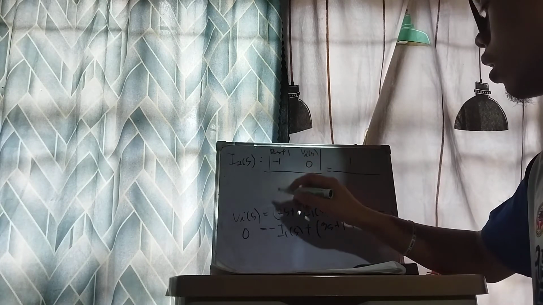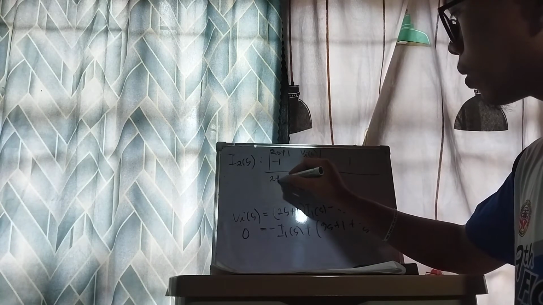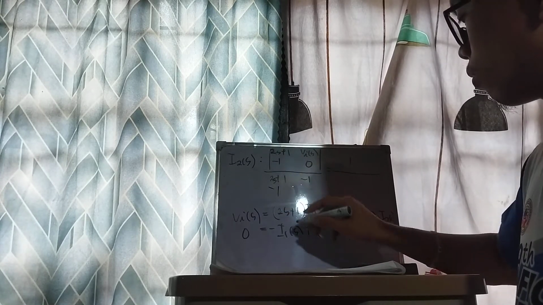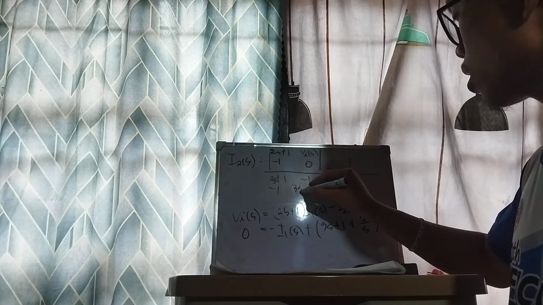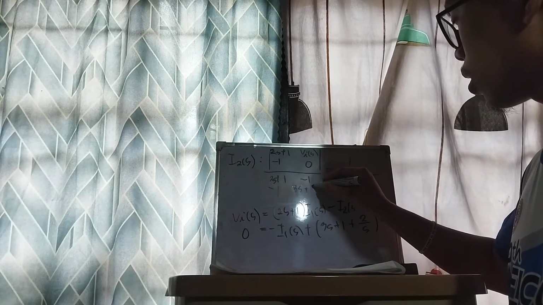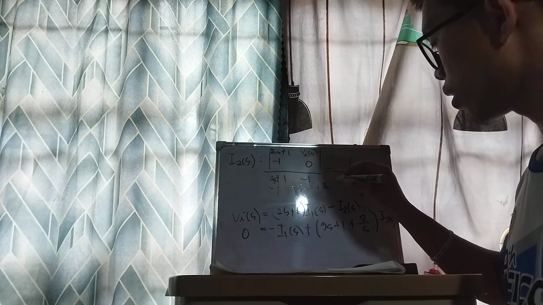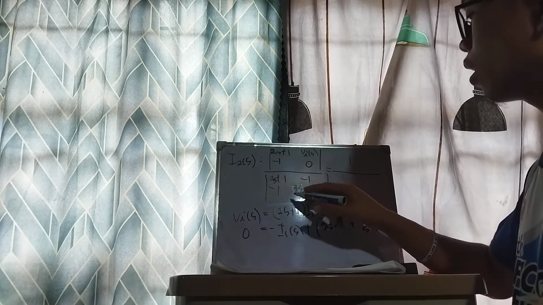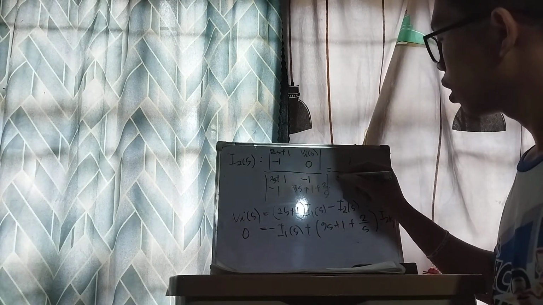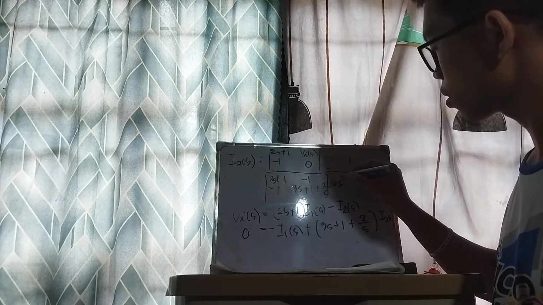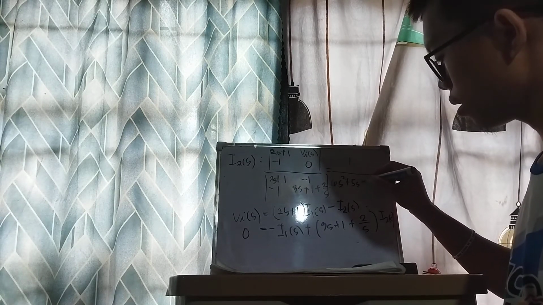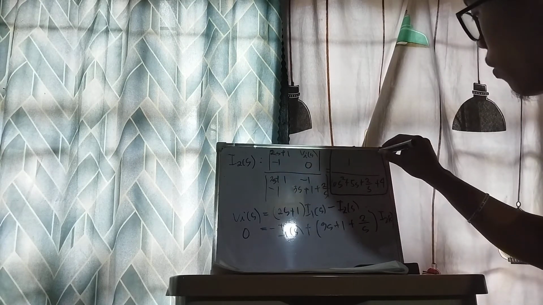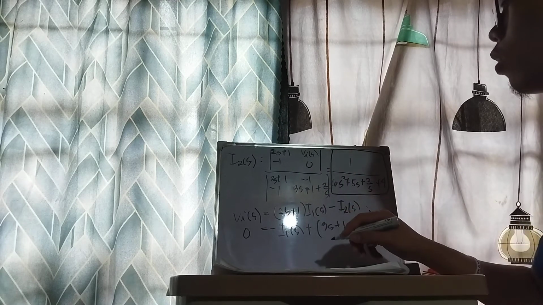And for the denominator, we have 2S plus 1, negative 1, negative 1, and 3S plus 1 plus 2 over S. If we find its determinant, you will have the answer of 6S squared plus 5S plus 2 over S plus 4. So we have now found the value of I2 over VI of S.